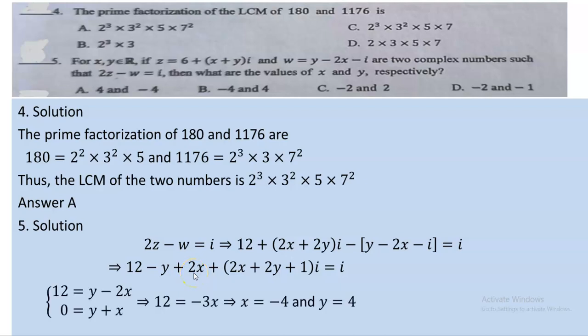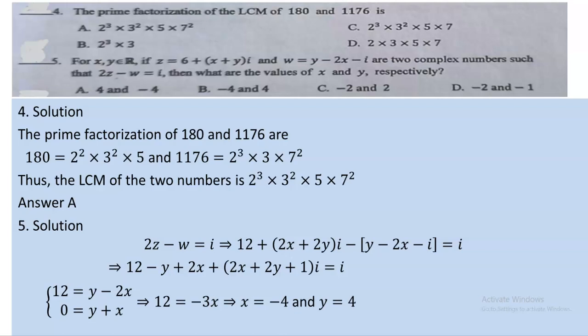So equating these two, one can obtain this. 12 minus y plus 2x means, students, y minus 2x equals 12, and for the other one, 2x plus 2y plus 1 must be 1, and from that 1 is moved to the right, so 2x plus 2y is 0 means y plus x is 0.